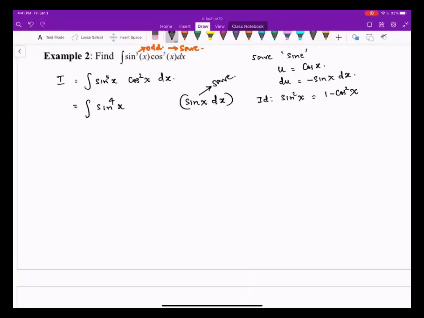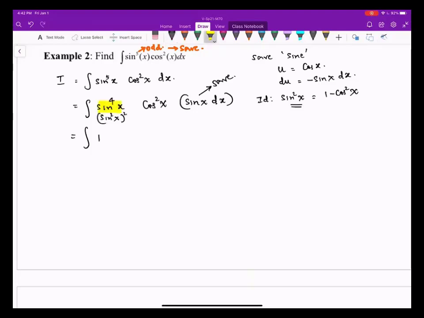For cosine square, that is just u square, so let's keep it as cosine square for now. Because we are going to use sine square equals 1 minus cosine square, this sine to the power 4 is sine square, the whole square.